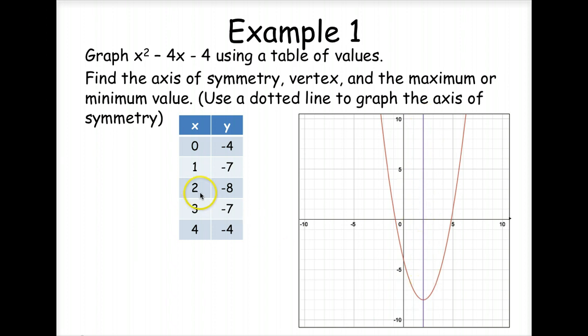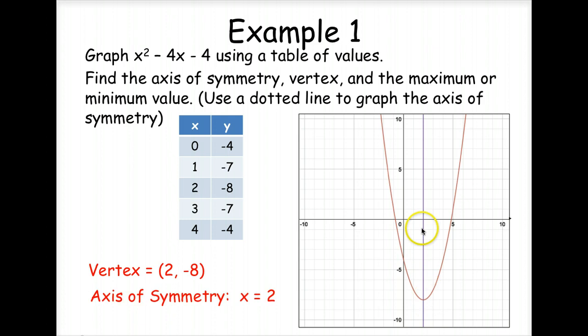It's at 2, because notice our y value, the lowest value, is -8. So our vertex is at (2, -8). The axis of symmetry is where x is equal to 2. Notice this, our parabola goes over 1, 2, 3 to the left, so it also goes 1, 2, 3 to the right.